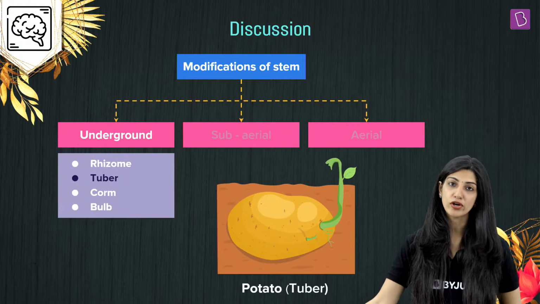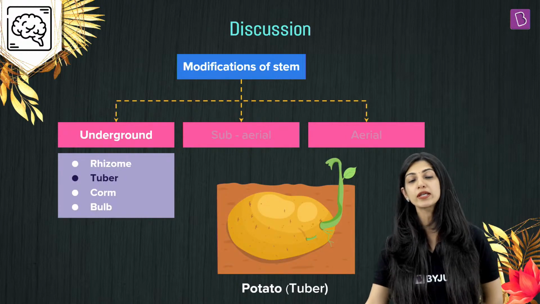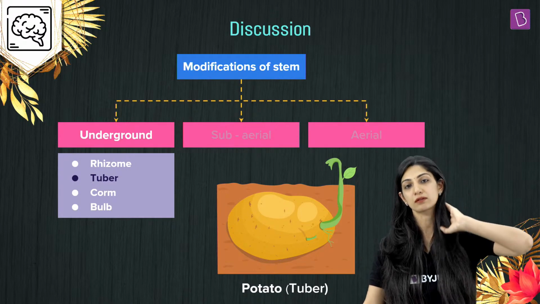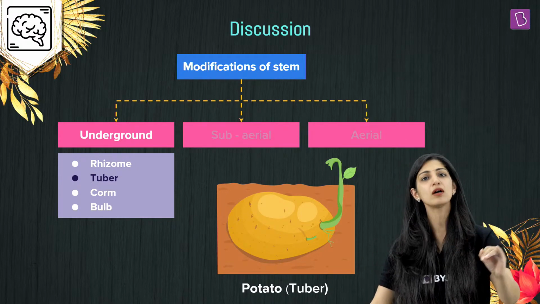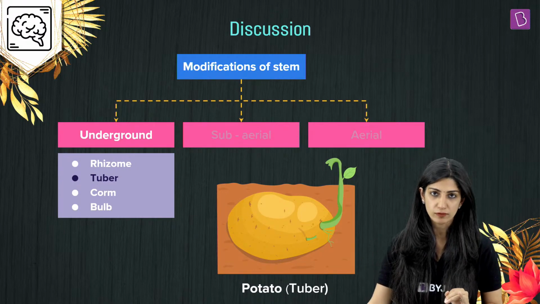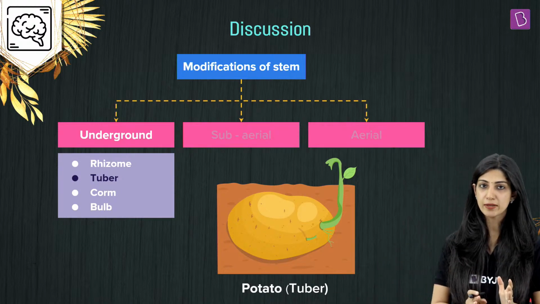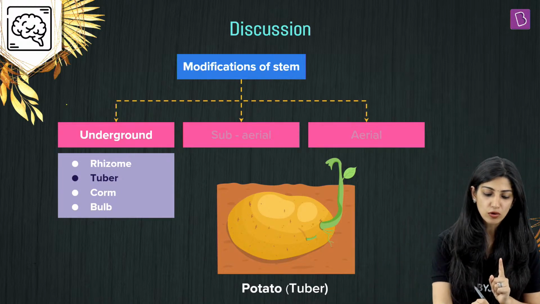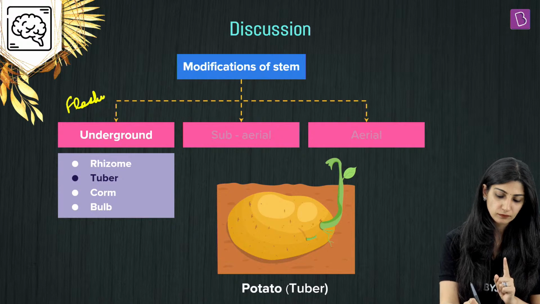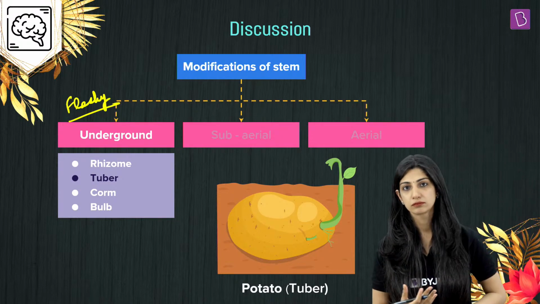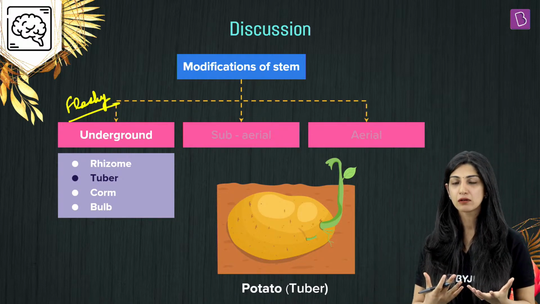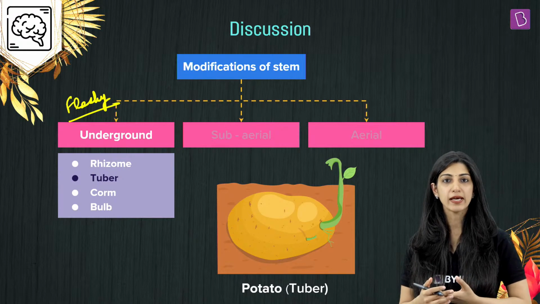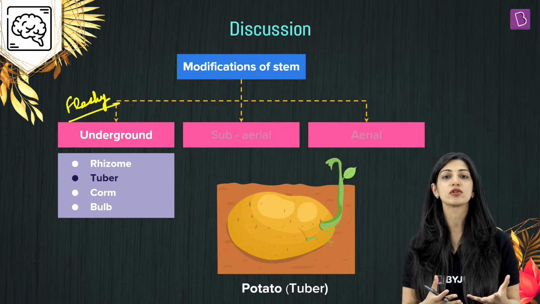Now, underground modifications, very very important. You cannot skip these examples. Very important. Every year there is a question from stem modification. Underground stems, keep in mind, are always fleshy. They store food. For you and me, yes, we use them. They are regular products in the kitchen.